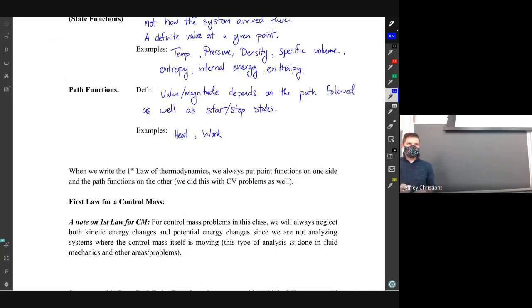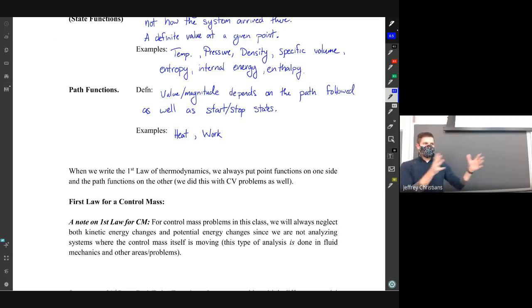One of the things that you maybe have not noticed, but I can say explicitly now, is that when we've written the first law, it's kind of a weird thing, because for conservation of mass we write delta mass equals 0. For conservation of energy, we have some stuff on one side of the equation and some stuff on the other side, but the real equation is that the change in energy of the whole system is equal to 0.